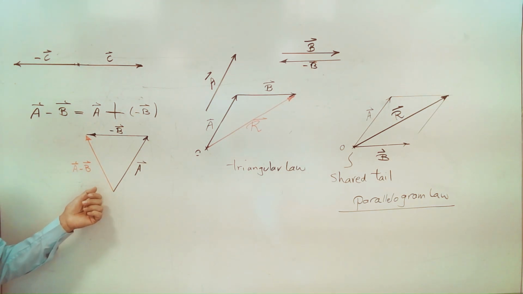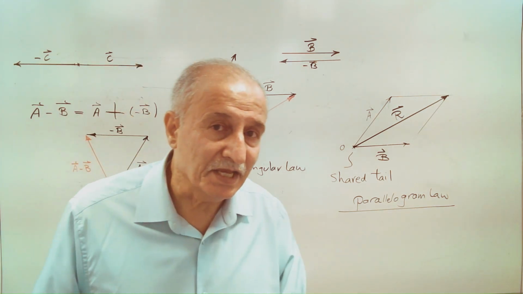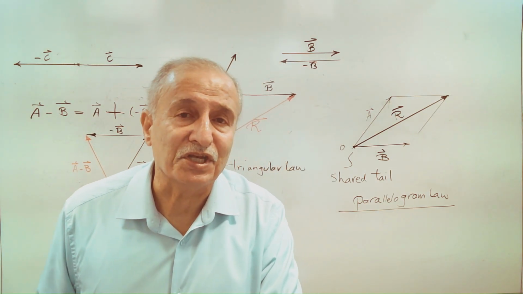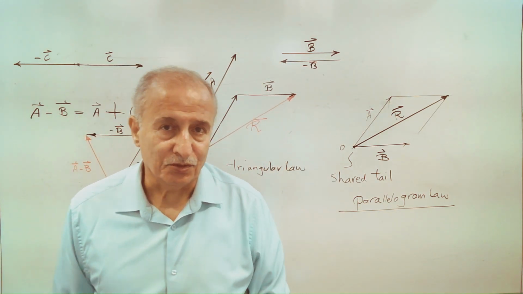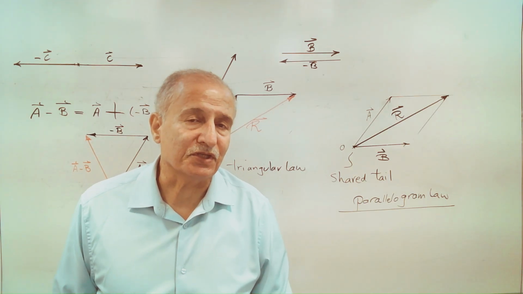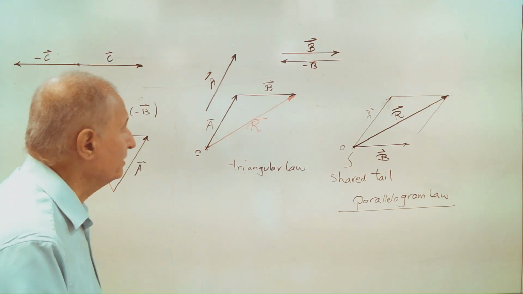From one point of view, this is the addition, because I add A to another vector, whose name is minus B. You can call minus B another vector, which is C, so minus B equals C. Okay?